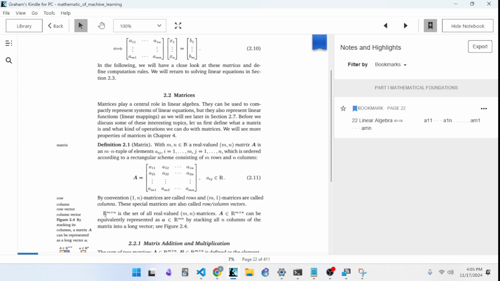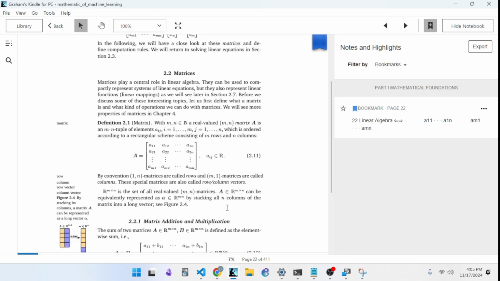And this R-looking symbol, which is not an R, we'll see what it is later, is the set of all real-valued m comma n matrices. This can be equivalently represented by stacking all n columns of the matrix into a long vector. See figure 2.4.